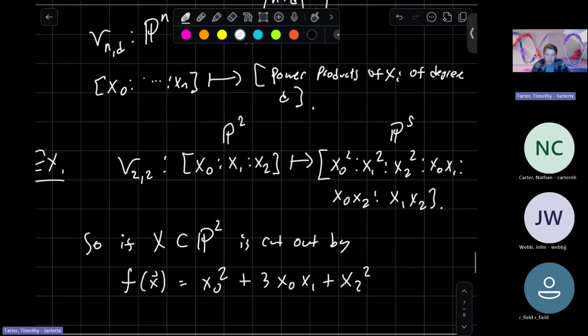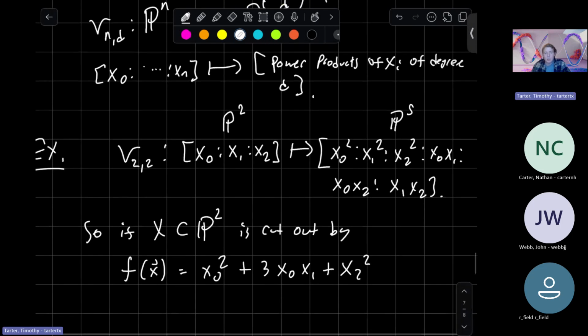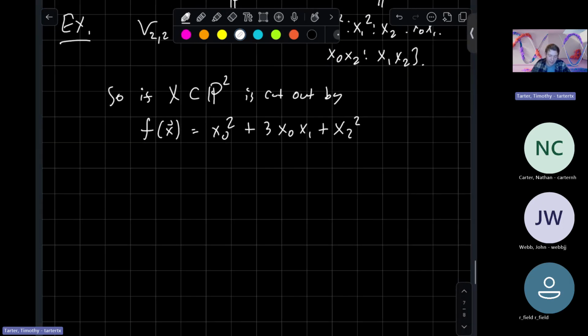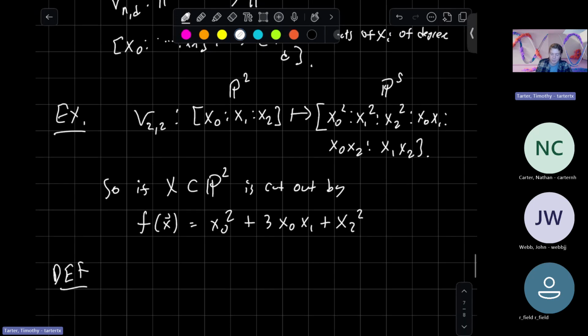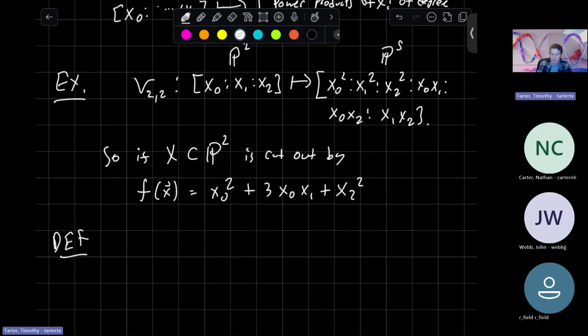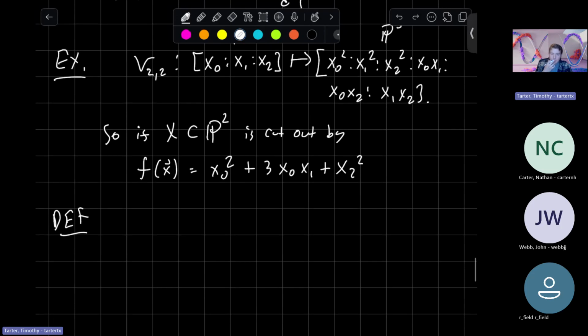So another nice property of the Veronese variety. Here's another definition. Here I'm looking at the image of a Veronese map intersecting the image of a variety. Sorry, the image of a variety through the Veronese map.